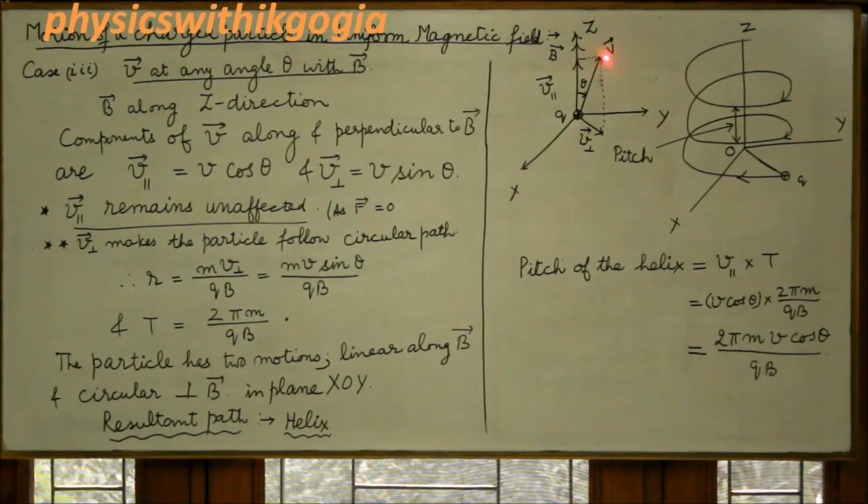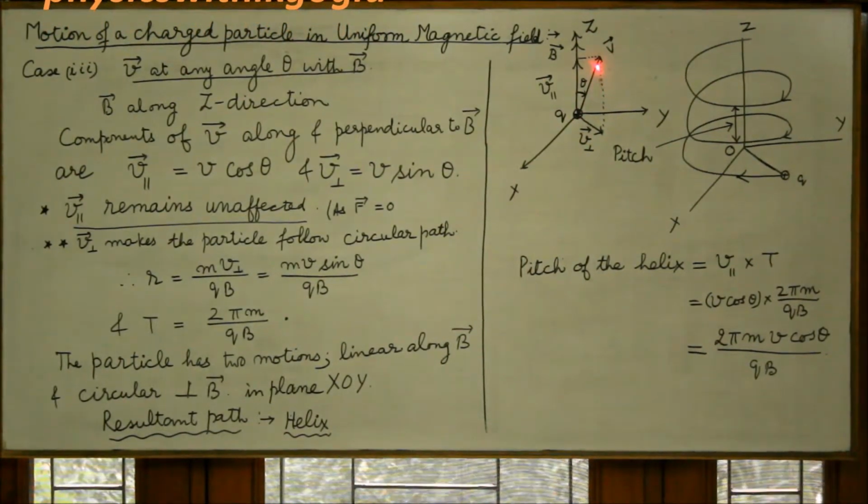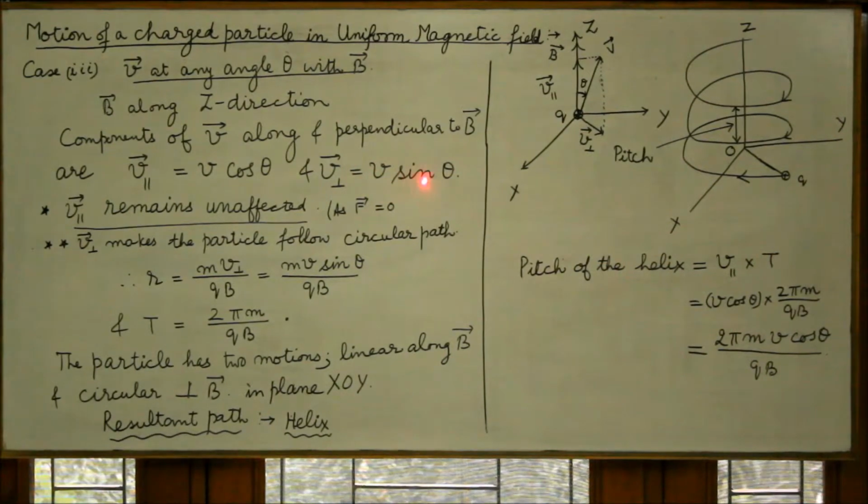Here we can resolve the velocity into two components. A component parallel to the field, we write it as V parallel equal to V cos theta, and a component V perpendicular, which is V sin theta.